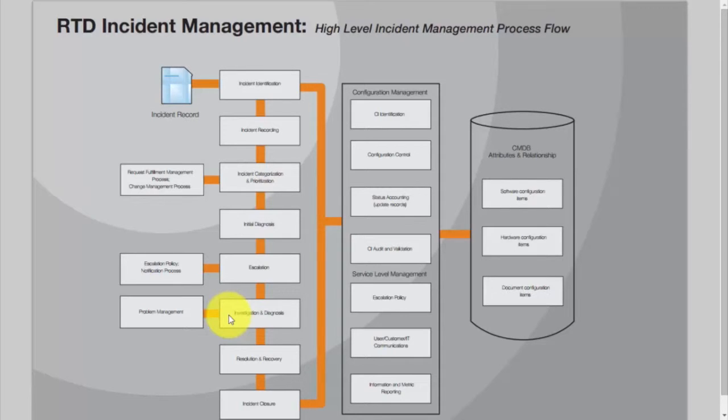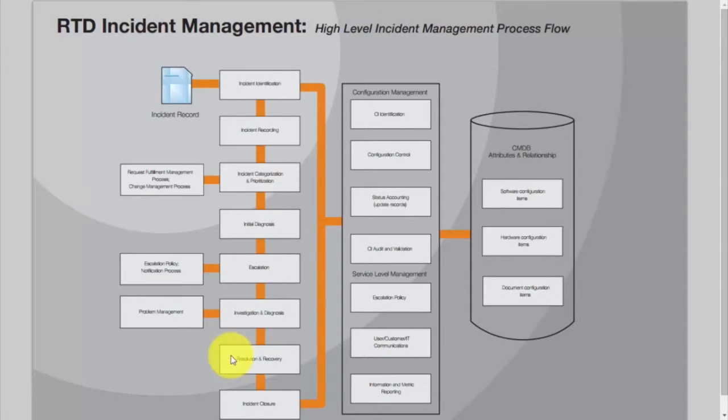Following the investigation and diagnosis, we would enter into the resolution and recovery phase. The key activities here are, of course, resolving the incident using a solution or a workaround, or possibly requesting a change, including a check for resolution. We would also need to take recovery actions at this time.